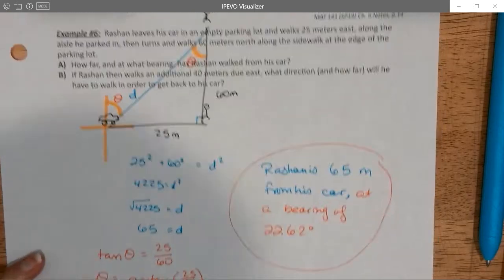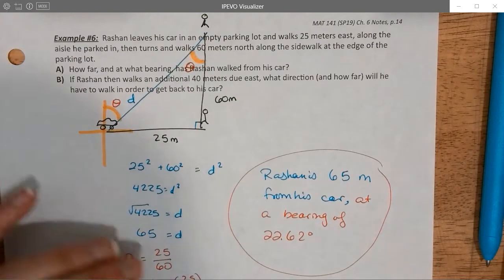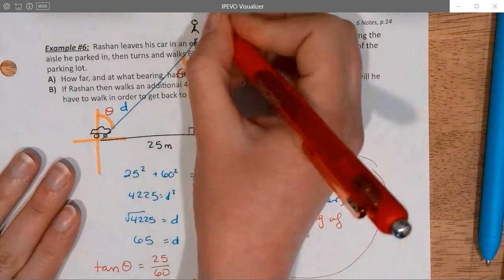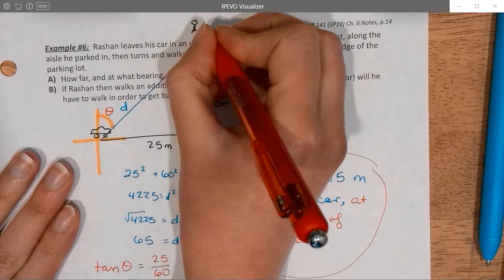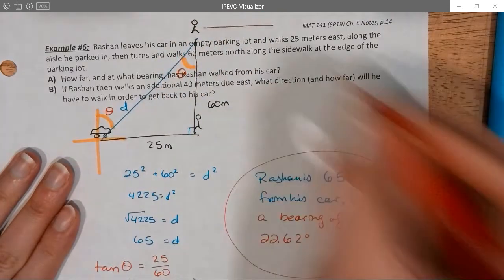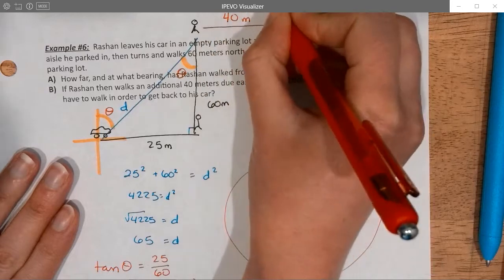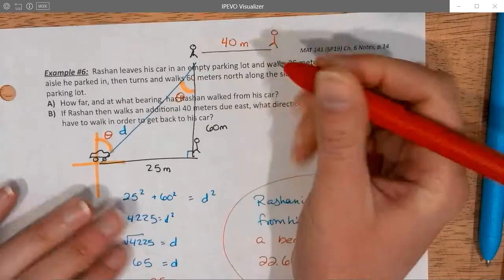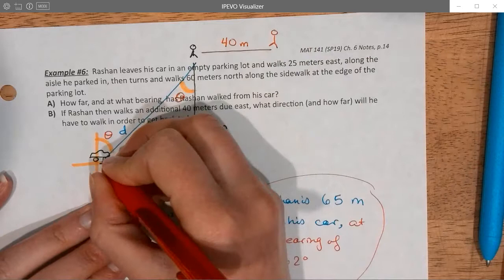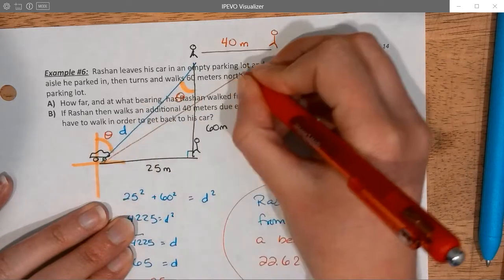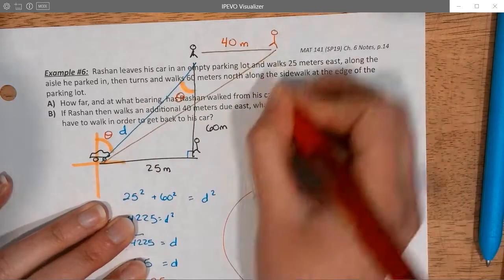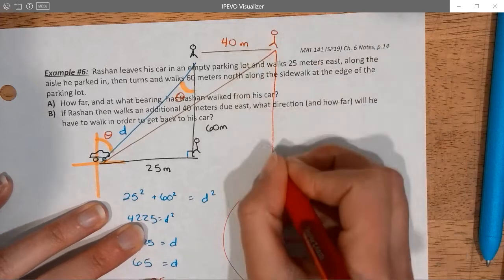All right. So he's walking east now, and he's walking 40 meters east. So now he's going to be over here. So we're creating a new triangle like this.